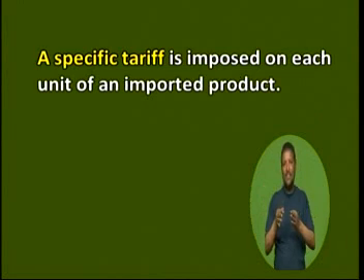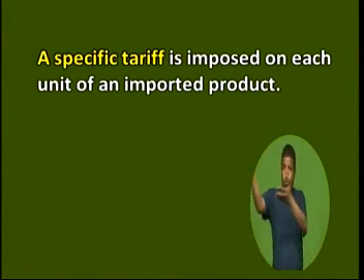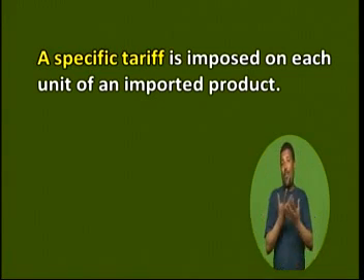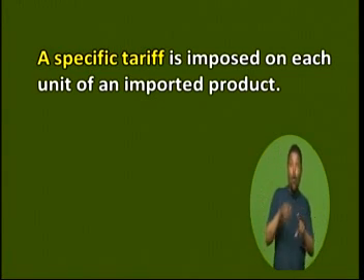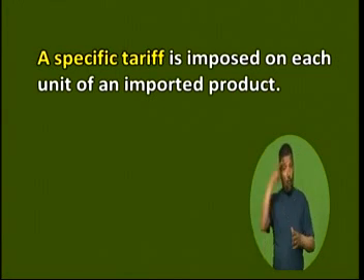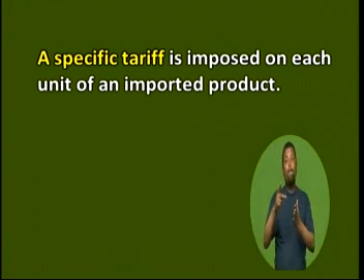A specific tariff is a tax imposed on each unit of an imported product. It is based on physical quantities. This tax is the same on all products of the same kind. For example, a 3-birr tariff per 40-watt light bulb.